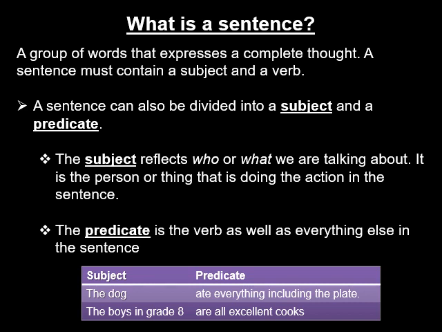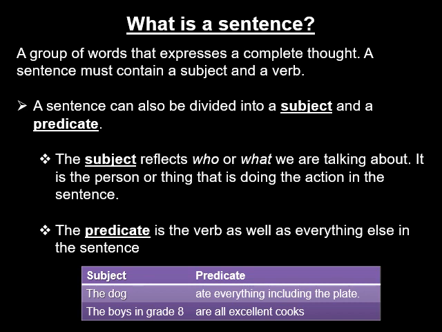So the first thing I would do is look for the verb, which I see is ate. Remember, it must be the finite verb, ate. And then you can ask who or what ate everything. And the answer is the dog. So there's your subject, the dog. And then everything else in the sentence is in the predicate.